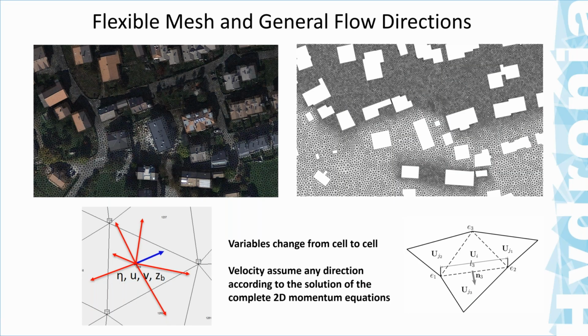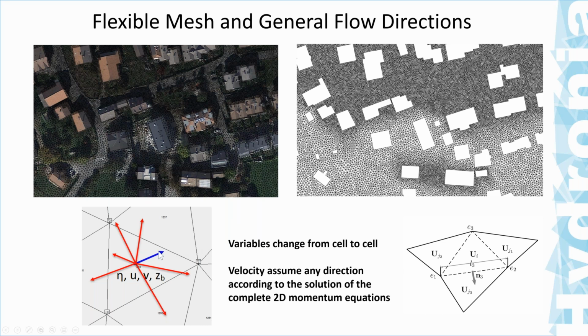Now, the mesh, as I mentioned, is a critical component of the model because it's what the model uses to make all computations. And it's a great help in analyzing complex geometry areas that you can find in these urban environments.